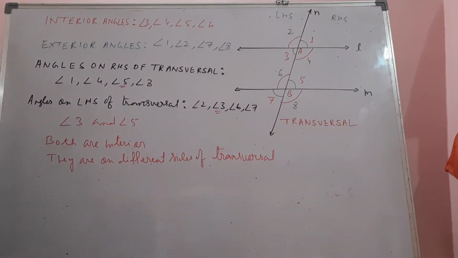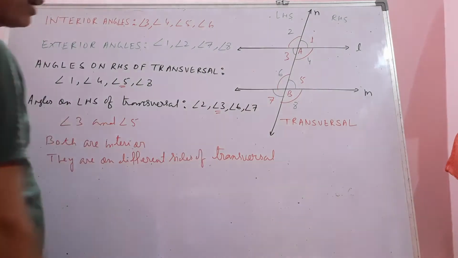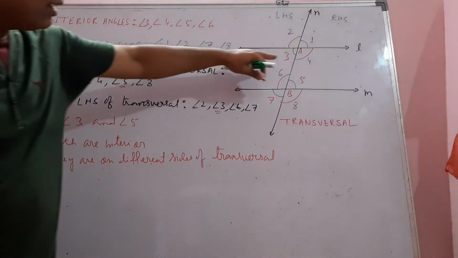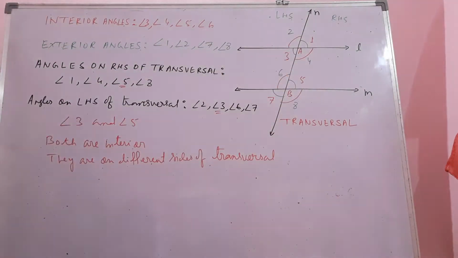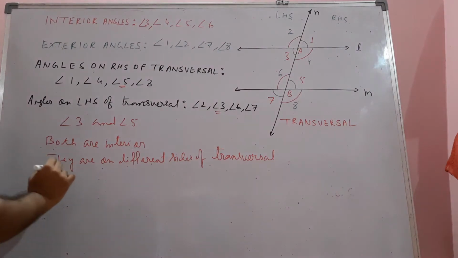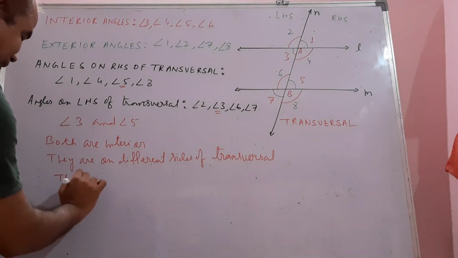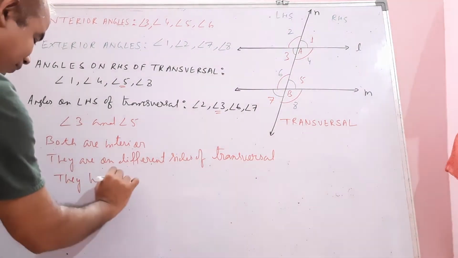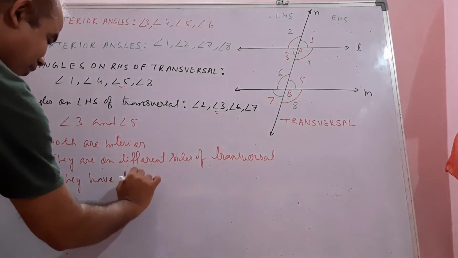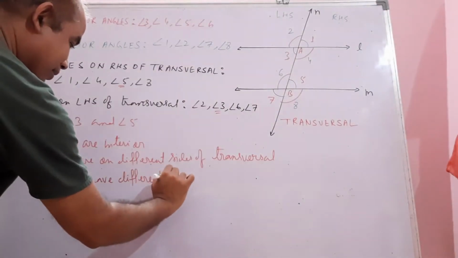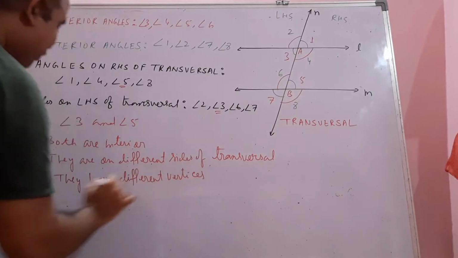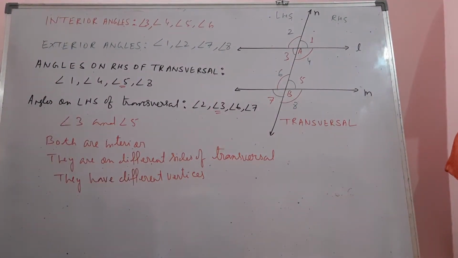Next, what is the vertex of 3 and vertex of 5? Vertex of 3 is A, vertex of 5 is B. That means they have different vertices. Or you can say that they are not adjacent. Okay, clear?